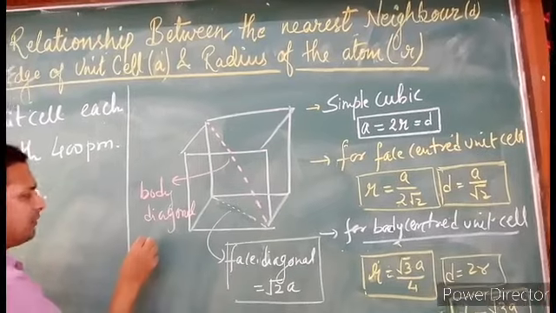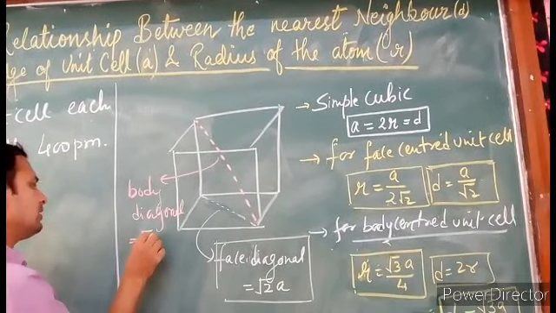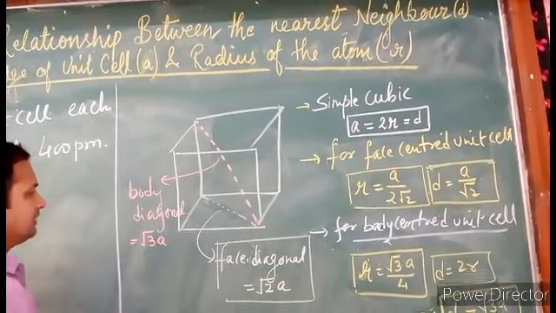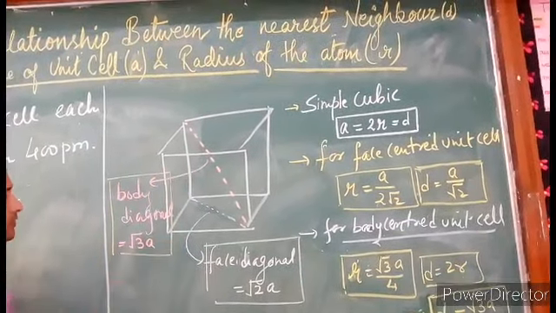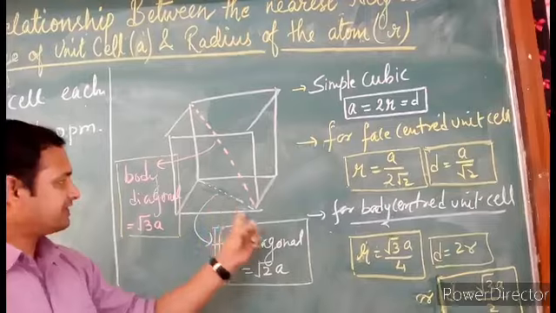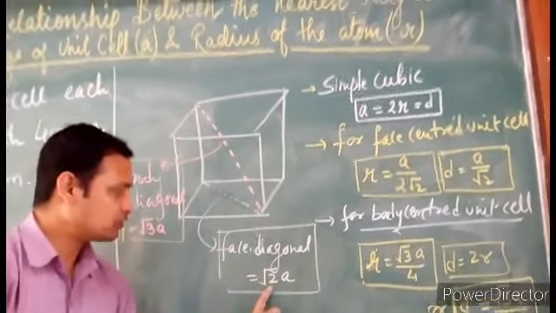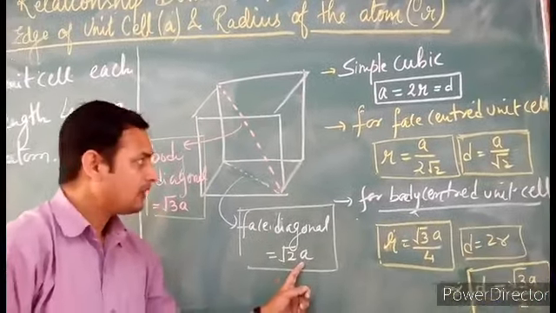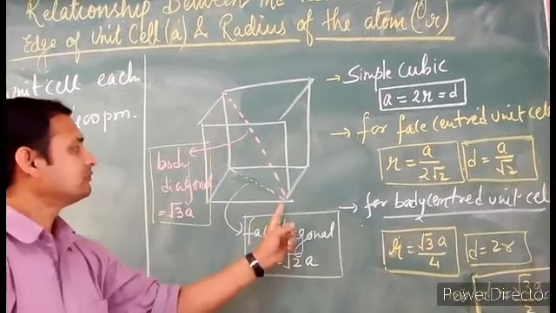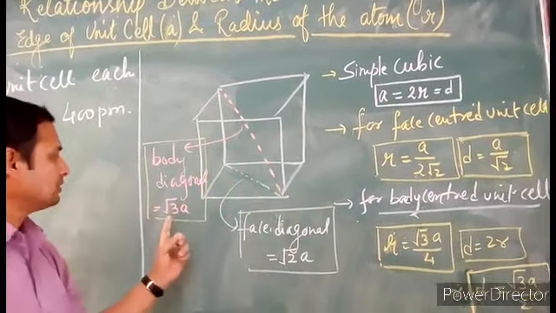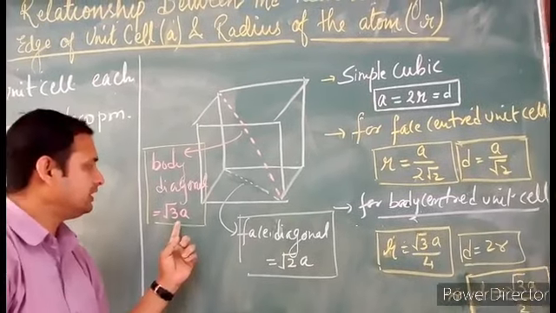And the value of the body diagonal will be what? Root 3a. This also we have to keep in mind. In the case of a cube, the face diagonal value comes from root 2a, we have done that. And if we try to calculate this value, it will come how much? Root 3.